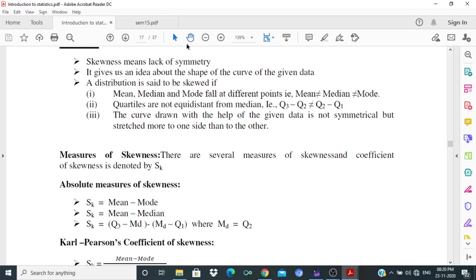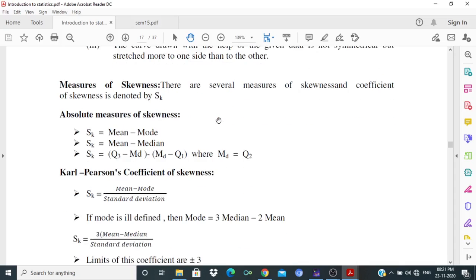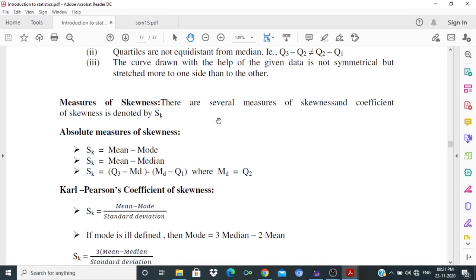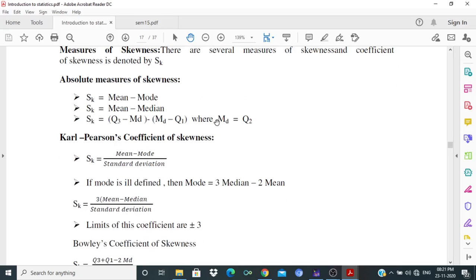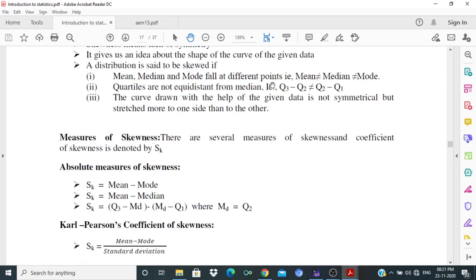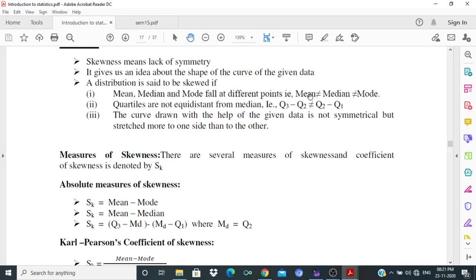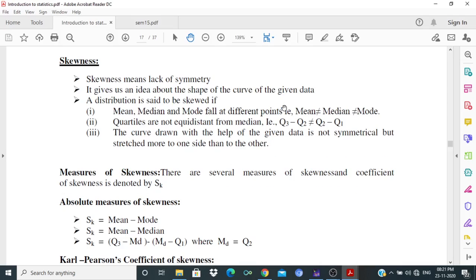A distribution is said to be symmetric if mean, median, mode fall at the same point. If mean, median, mode are the same, mean is equal to median is equal to mode, then that type of data is called symmetric data.